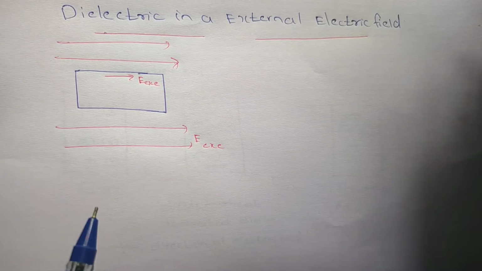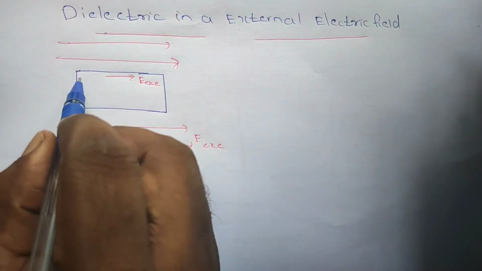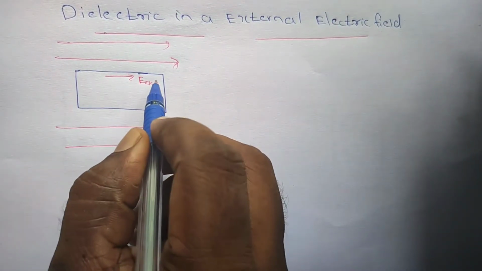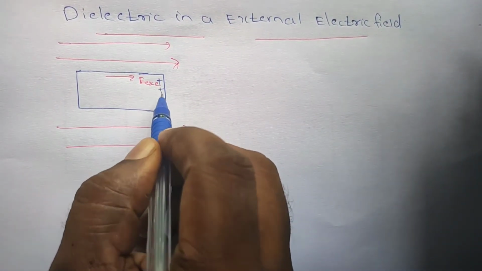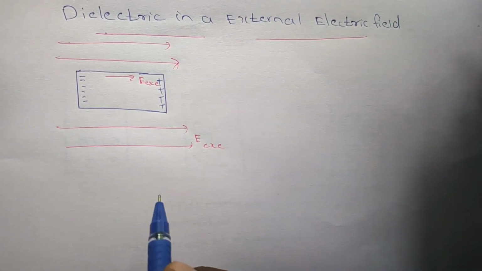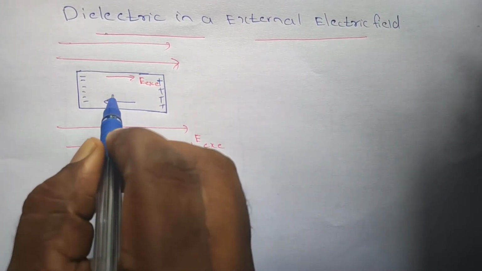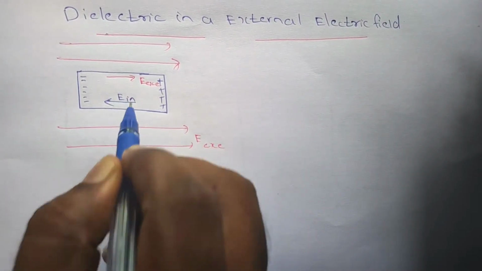In the case of a conductor having charge carriers, due to the external electric field the positive charges are shifted to one end and the negative charges are shifted to the other end. Due to this, an electric field is generated inside.